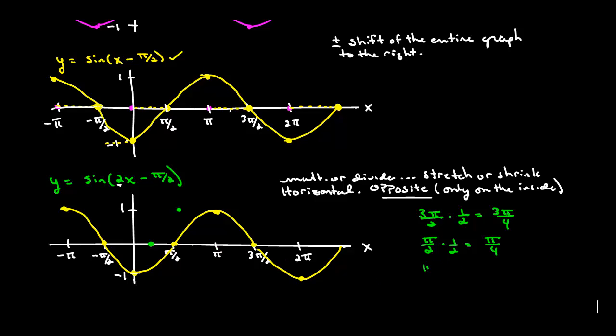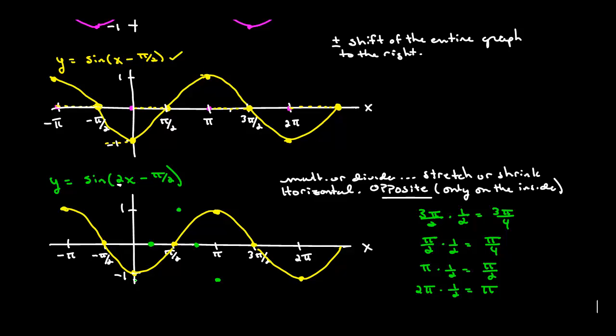And if I took pi and multiplied it by a half, that's pi over 2. So that's where we're getting all these from. So 3 pi over 2 happens now at 3 pi over 4, which is right about here. So this guy moves back to here. The guy that normally happened at 2 pi now happens just at pi, so this guy moves back to here.